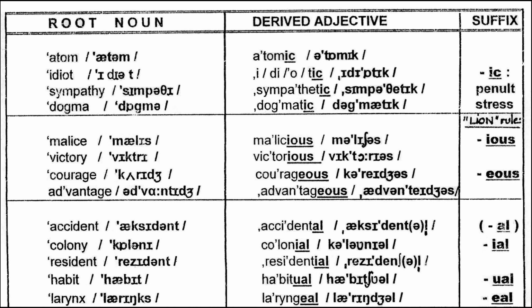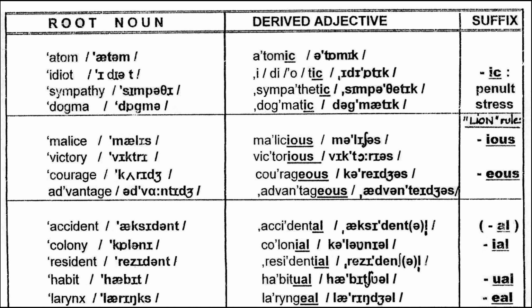In this line, we have words having the -ic rule. We have the root, which is the noun, and the derived adjective will have the -ic suffix. The -ic suffix falls under the stress shifting suffixes, and the rule says any word having the suffix -ic, the stress will fall on the penult, the second from the end.